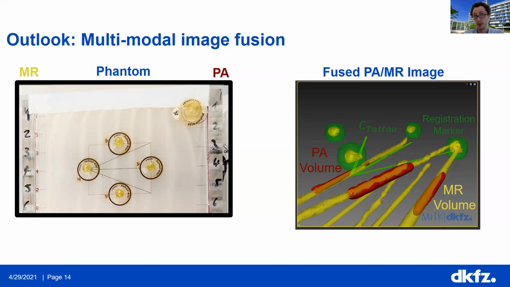We know where they were in the photoacoustic volume, and we saw them in the MR image, and on the basis of this we can clearly see that the registration is possible with this approach. We can also qualitatively see a very good alignment between the photoacoustic wires and the MR wires.